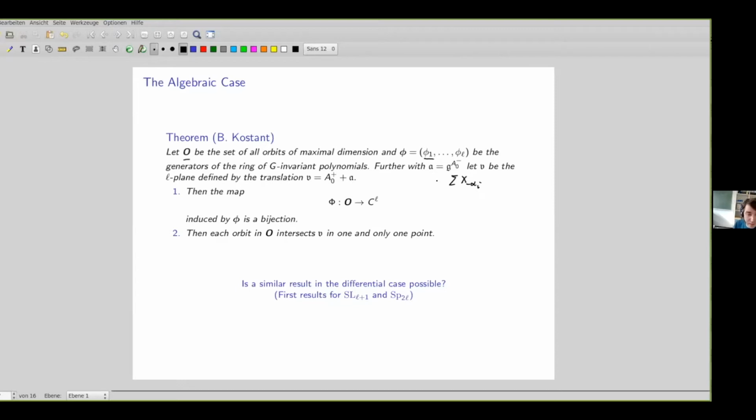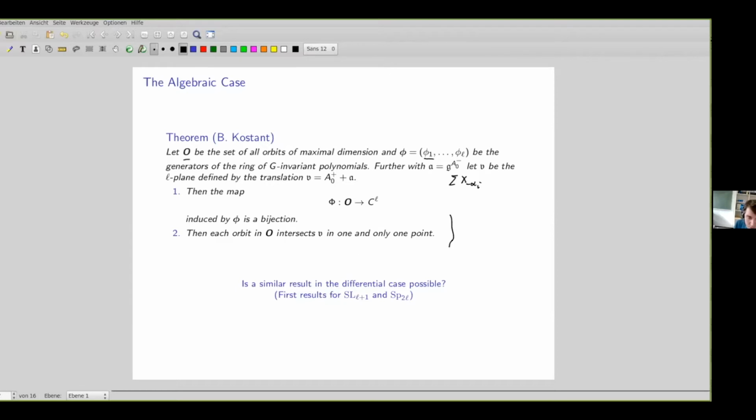So this is an L-dimensional subspace, and then he defines the L-plane mathfrak V just as the translation of A by A0 plus. Recall that was the sum of the basis elements corresponding to the positive roots. So then he shows that each orbit in O intersects this L-plane V in one and only one point.